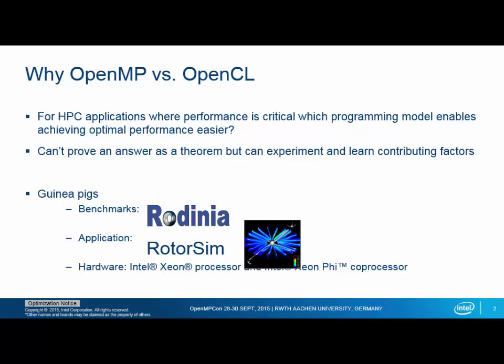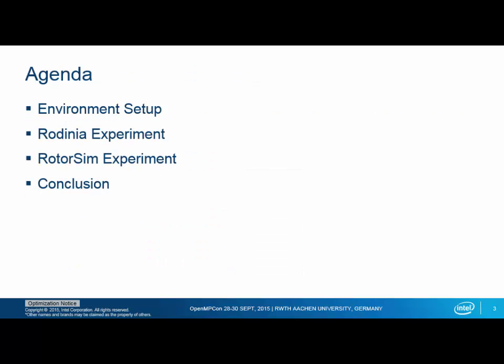Again, I would like to mention that our main target was the Xeon Phi. But after that, we decided to do the same comparison on the Xeon. In this presentation, some performance data and specific metrics are from Intel Xeon Phi. And this is what we will see during this talk.